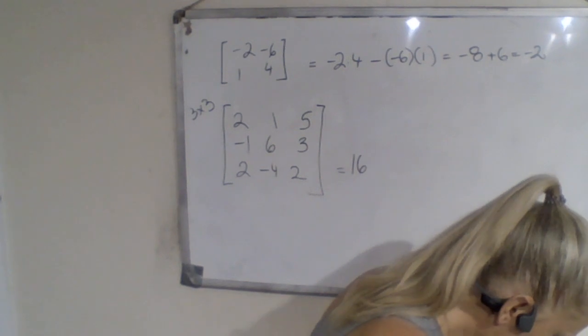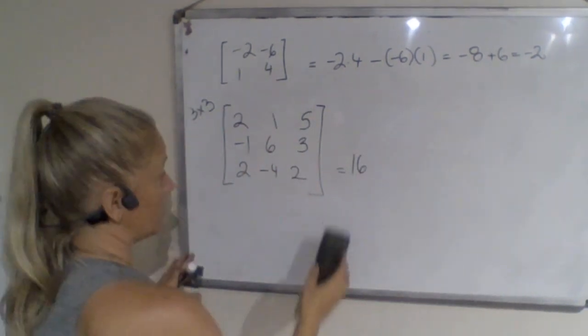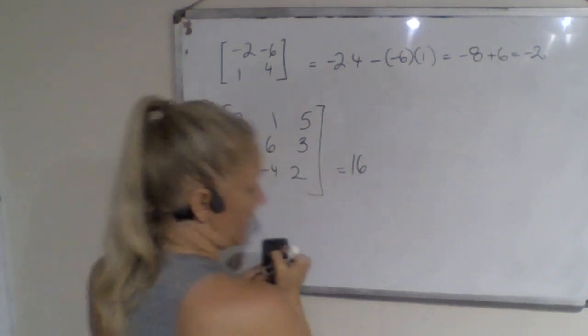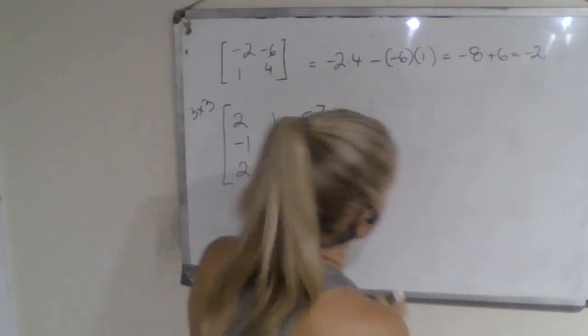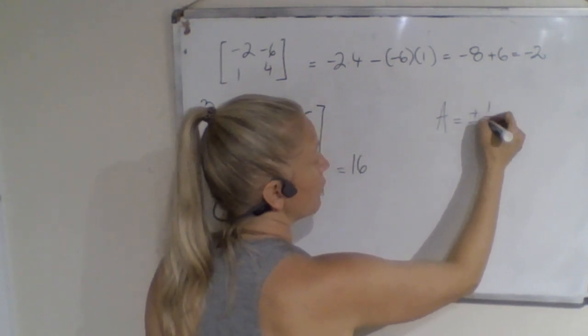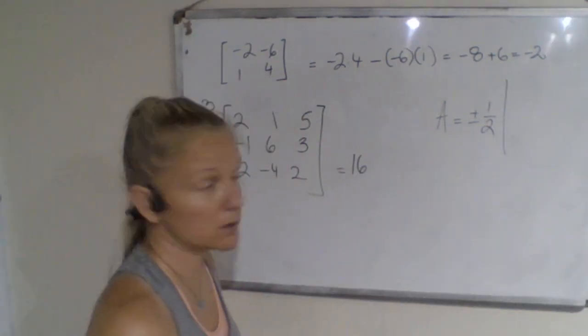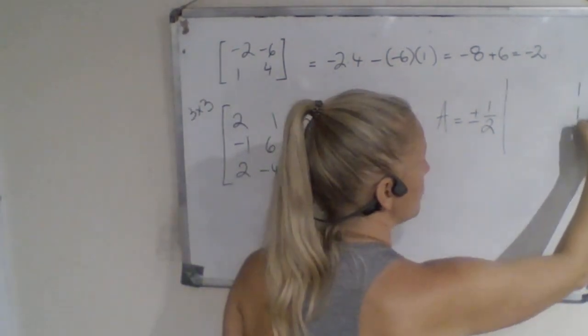Now, we also learned about finding the area of a triangle, and the formula for that would have been area equals plus or minus 1/2 times a matrix. The way you set this matrix is that your last column is just 1, 1, 1.